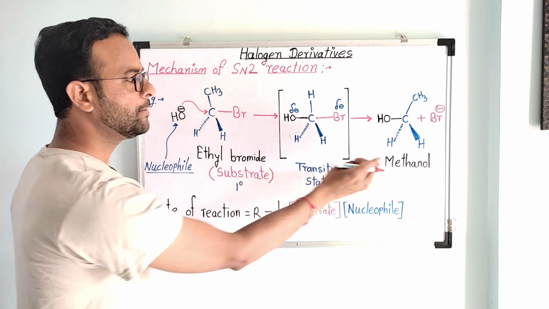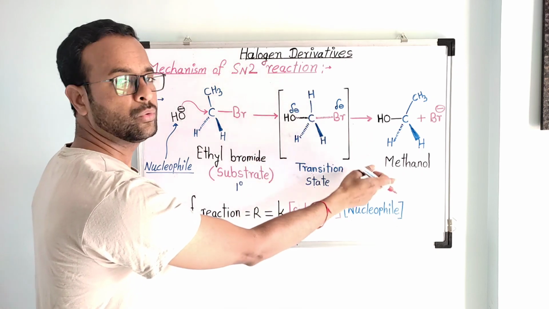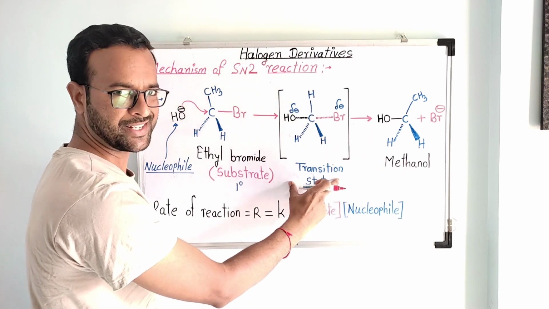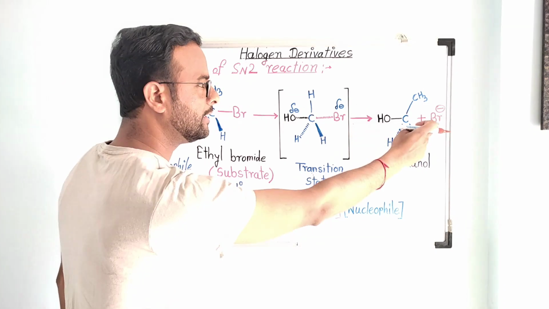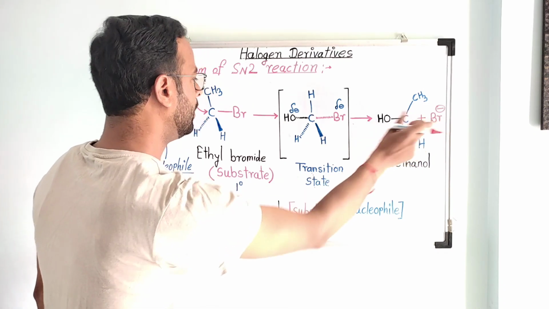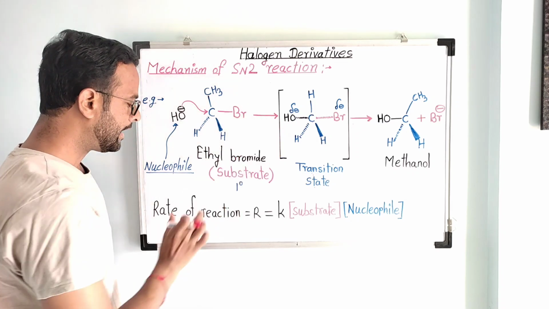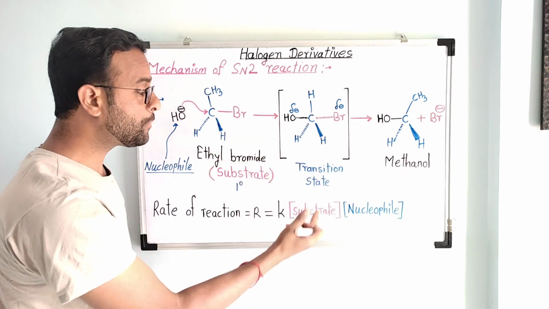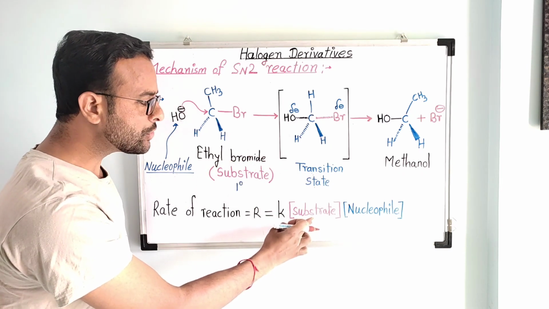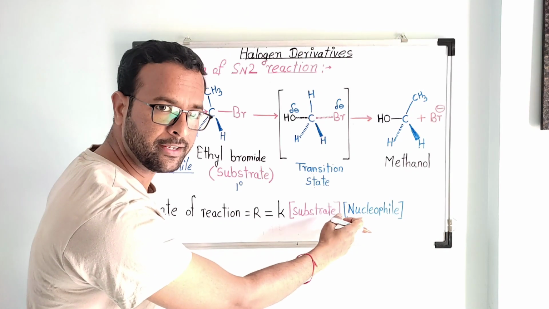Finally, this is the product that we get in the SN2 reaction. This is the transition state. Here there is loss of a halide ion, that is the Br minus ion. In this reaction, the rate of reaction, R, is directly proportional to the concentration of substrate as well as the concentration of nucleophile.